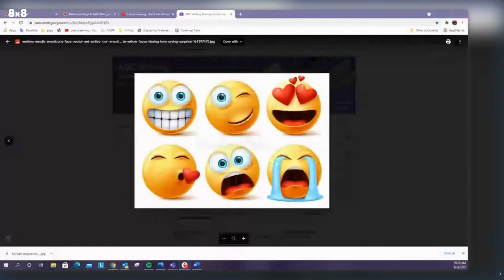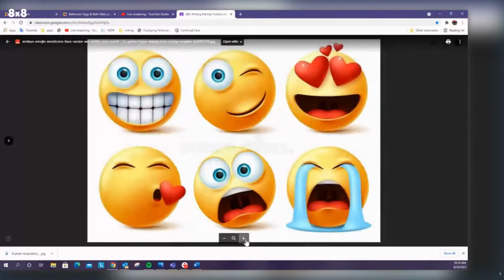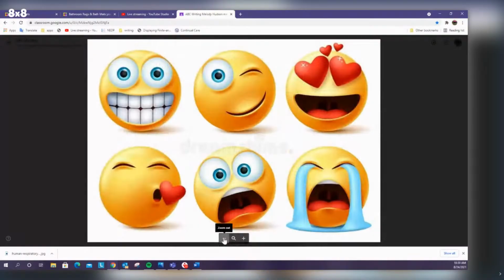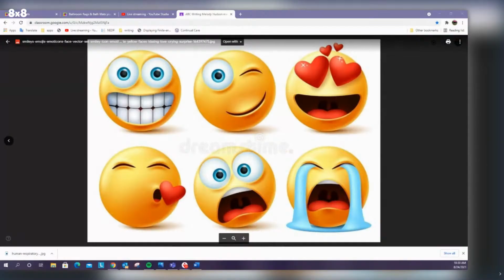And I have this for you. It's a screen of emoticons, right? That's what we call them. When we are texting people, what we do normally is put one of those at the end of our sentence to highlight what we're talking about.